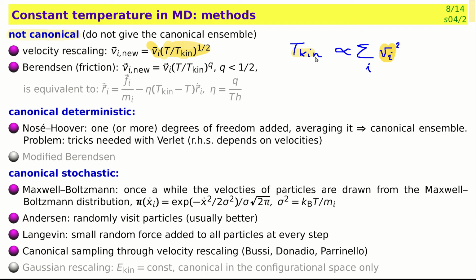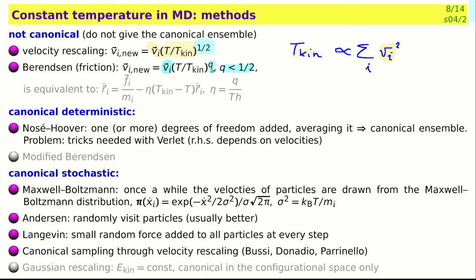But this procedure affects the trajectory a lot, so it's not a good idea to do this in such a straightforward way. It's much better to do it only gently. Instead of the square root here, we can use certain other factor q, which is smaller, usually much smaller than 1/2. It means that during every step we modify the velocities only a bit, but in the correct direction.